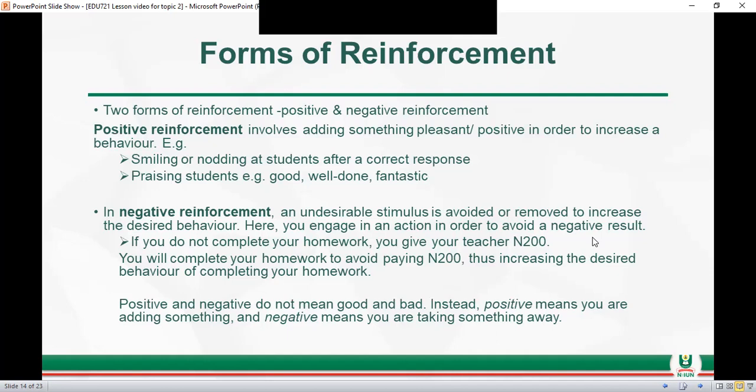So the use of positive and negative do not mean good or bad. For positive, you are adding something. You are adding praise. Somebody does something good, you praise. For the negative, you are removing something that will seem like an unpleasant stimulus so that the child can do something positive to increase the desired behavior of a child or of a student. Yeah, so negative in that sense means you are taking something away. Let's continue.